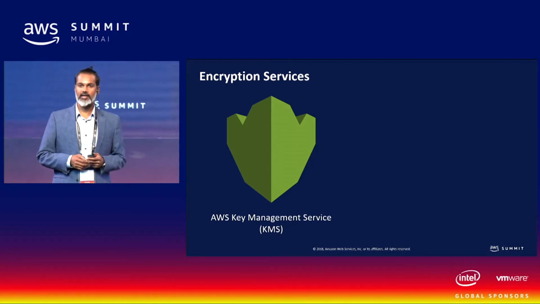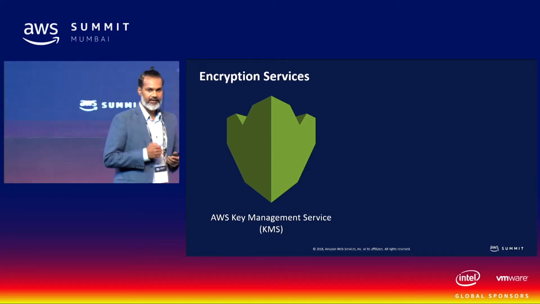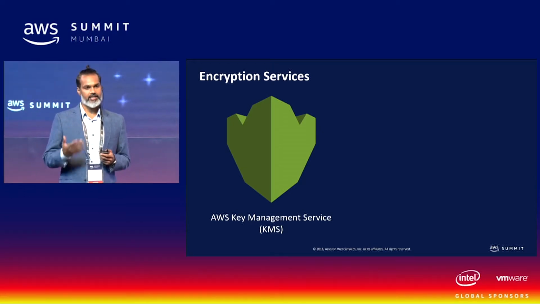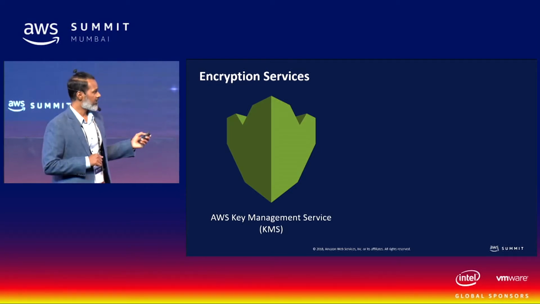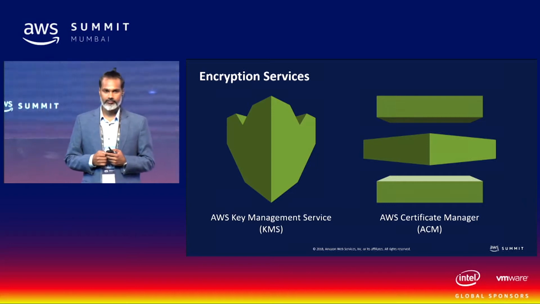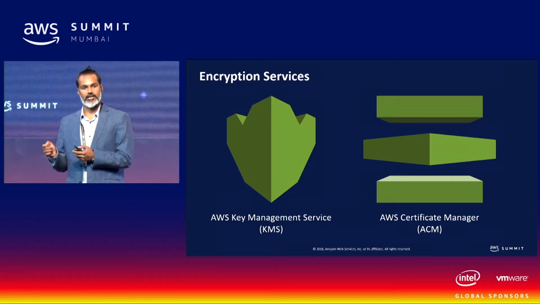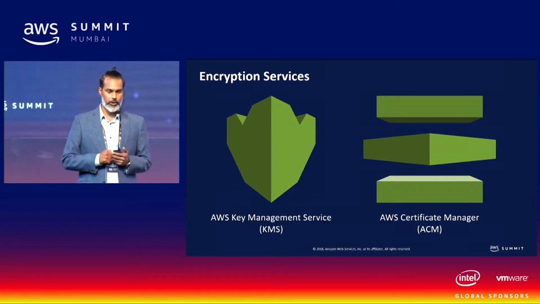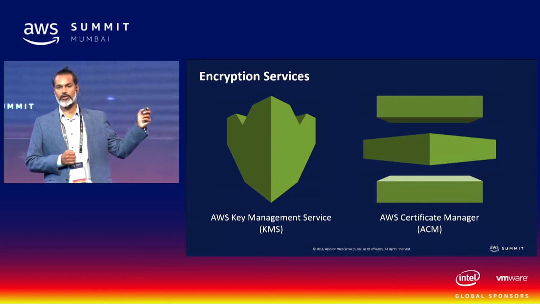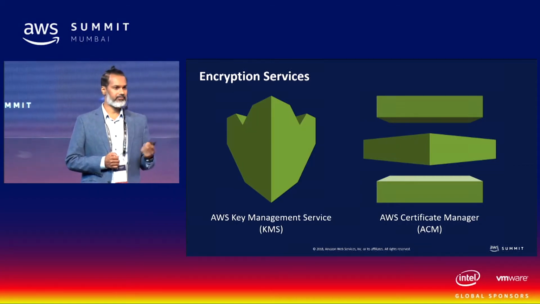First one is AWS Key Management Service that stores the keys which are used to encrypt your data. The second is AWS Certificate Manager, using which you can deploy SSL certificates securely for your application. We are going to refer to these services during the course of the presentation as KMS and ACM.